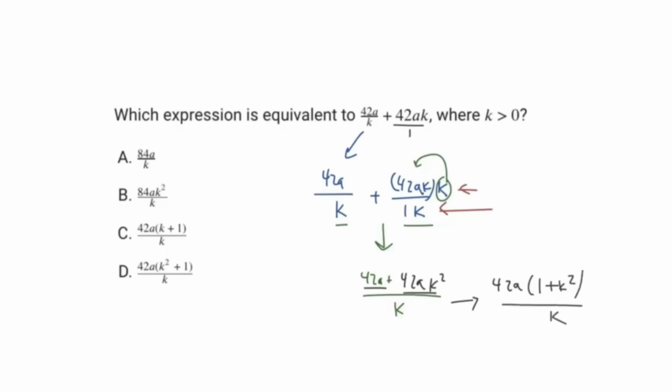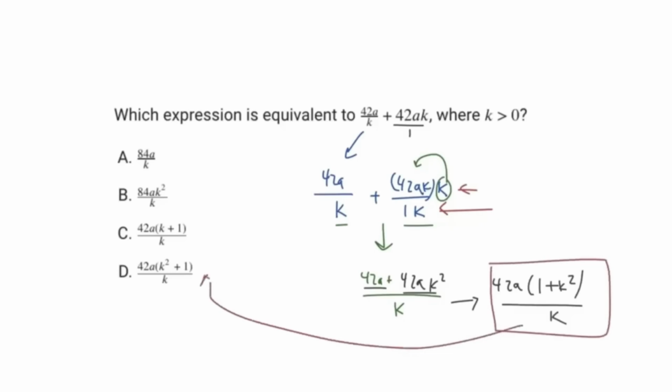After doing that factoring, you realize that the answer we got matches distinctly with answer choice D. It's just flopped, but it is what it is because it's the equivalent form. Therefore, D is our answer.